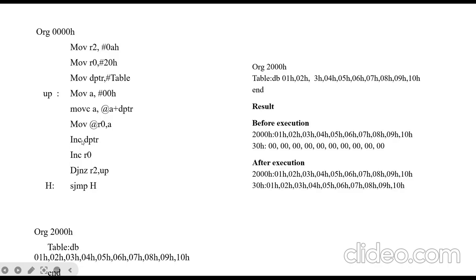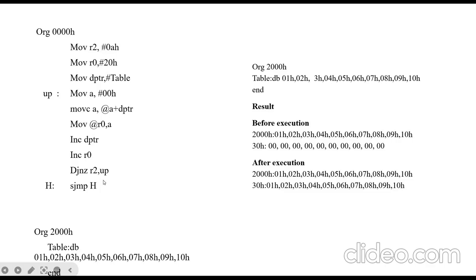And then we have inc dptr. It will increment the dptr to point to the next table entry. And inc r0 will increment r0 to store the next value in the subsequent RAM location. Then we have djnz r2, up. Here it will decrement r2.